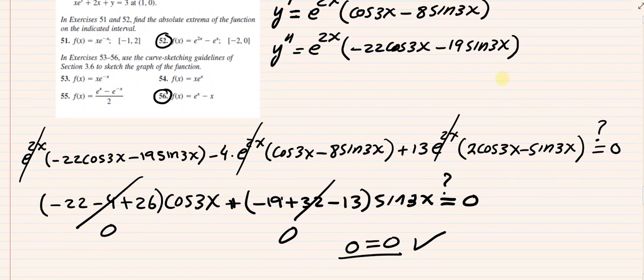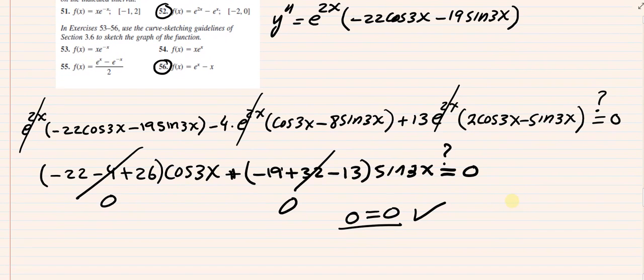The last two exercises. Exercise number 52. Find the absolute extrema of the function on the indicated interval. So we're going back to finding the extrema of functions, remember? And that was back in the beginning of this course.